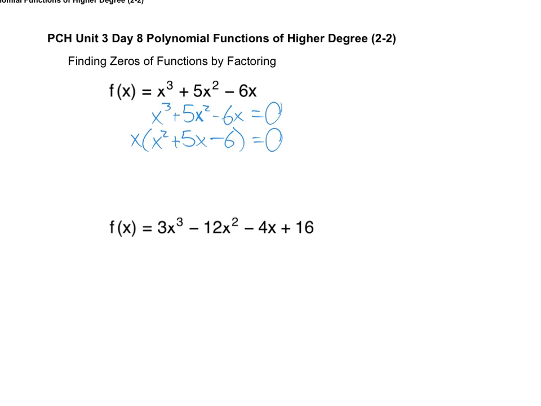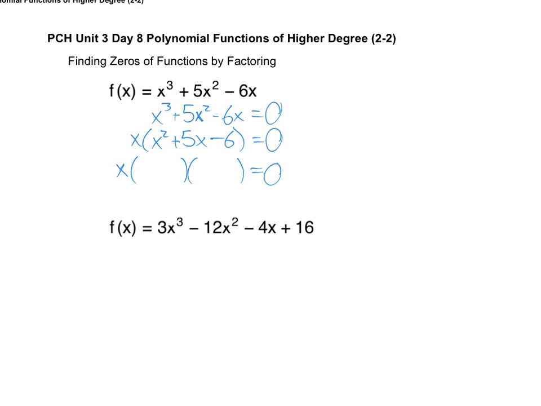So now, how do we factor the x squared plus 5x minus 6? One is x plus and one is x minus. Okay, good. Think about where it came from. When we're trying to factor, we're trying to undo a foiling, right? The only things we could multiply to get the x squared would be x and x. We're not going to put x squared in one.